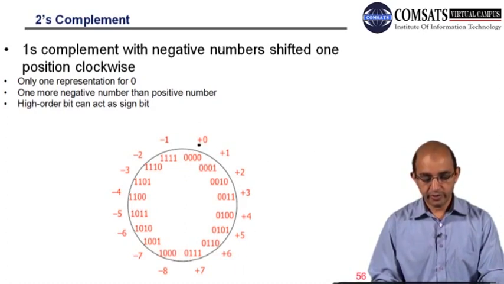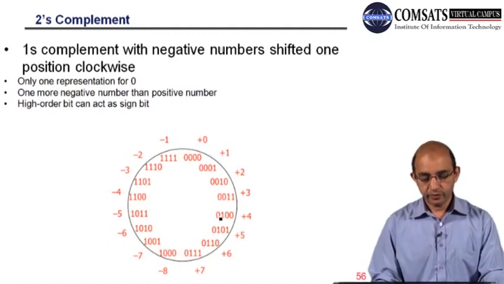So here you can see 0 to 7, right? And here we have -1, -2, -3, -4 till -8, right? If I divide this circle, right? So how can I do that, right?